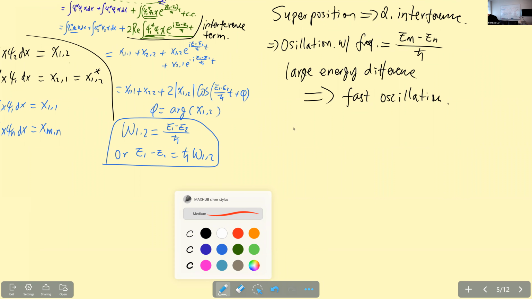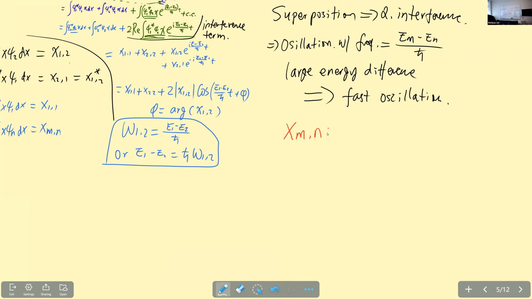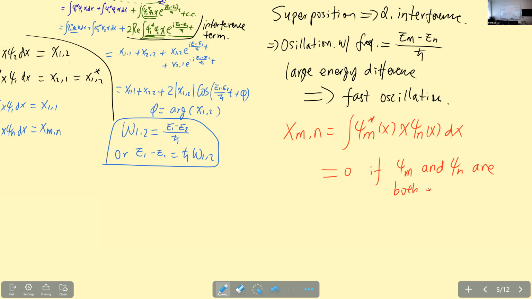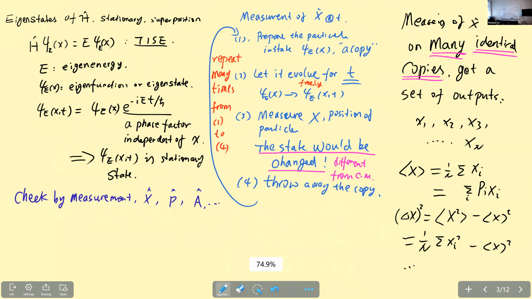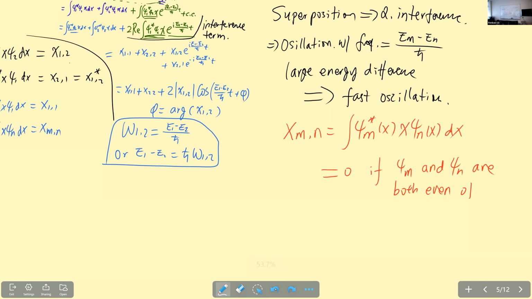But you can say that x_mn equals the integral of psi_m times x times psi_n dx. This will be 0 if psi_m and psi_n are both even functions or both odd functions.